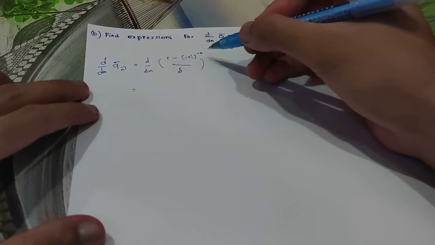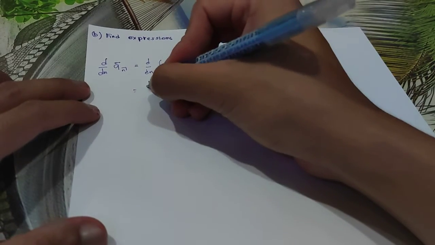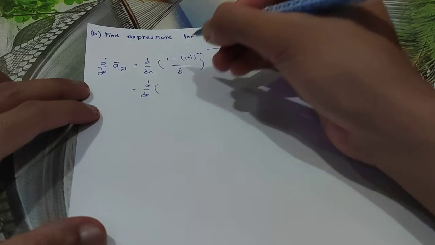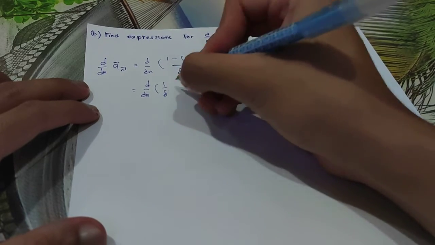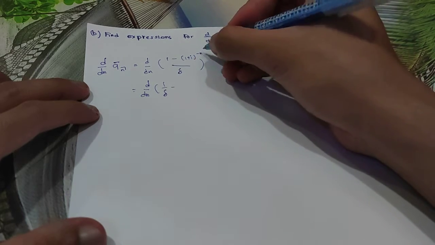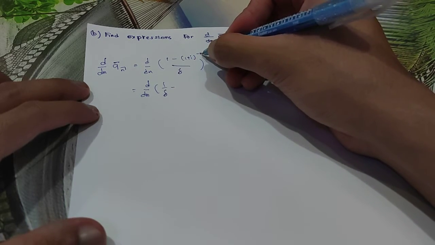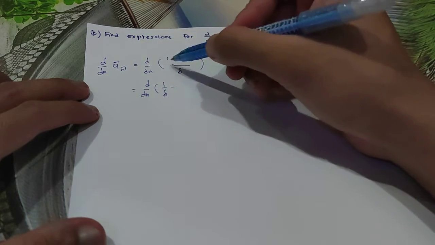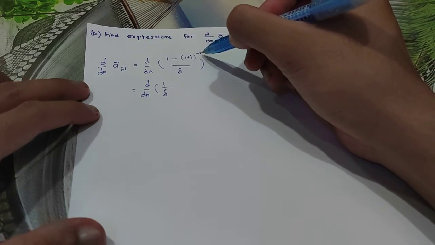After we get this, we modify this equation because we want to differentiate it with respect to n.